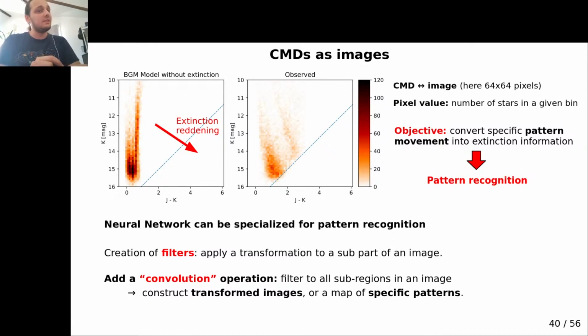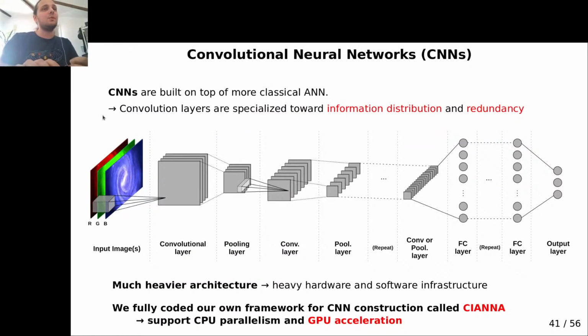This convolution operation allows us both to construct transformed images, or to construct maps of specific patterns. So in order to add this convolution operation inside a neural network, we have to create what we call a convolutional neural network, which is based on the convolutional layer.